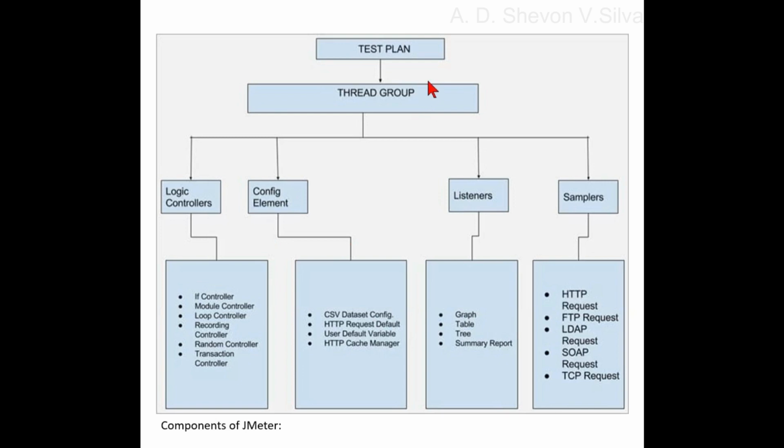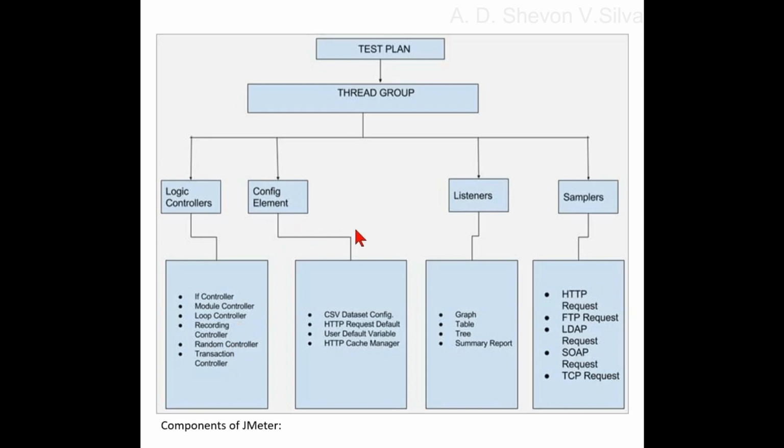Here you can see a test plan is connected to a thread group. The thread group is connected to logic controllers, config elements, listeners, and samplers. Logic controller interacts with the if controller, module controller, loop controller, recording controller, random controller, and transaction controller.